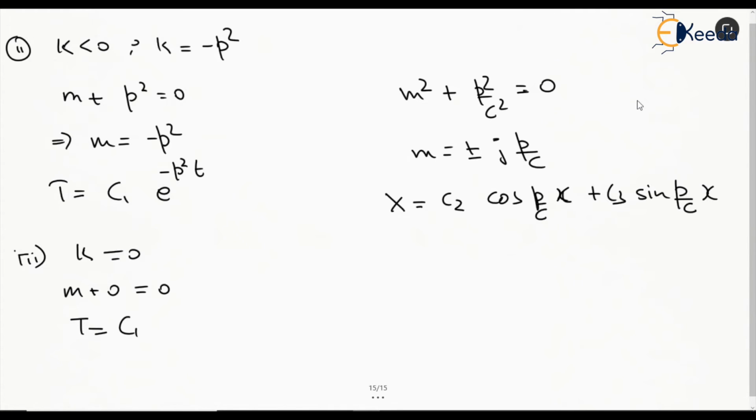Whereas on the other side m² becomes 0, which means that we will have a linear equation, or we can say X will be c2 x + c3.